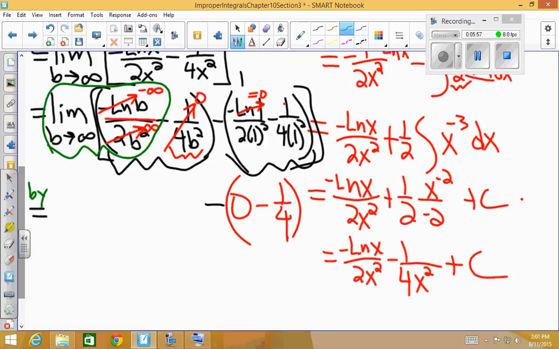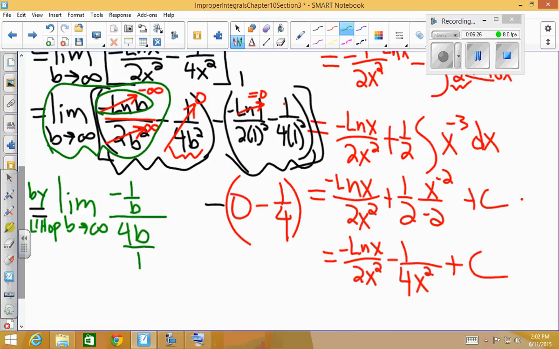So by L'Hopital's rule, we get that that is equal to the limit as b goes to infinity of the derivative of the numerator, the derivative of negative natural log of b, which is negative 1 over b, divided by the derivative of the denominator, which is 4b. 4b is the same as 4b over 1.